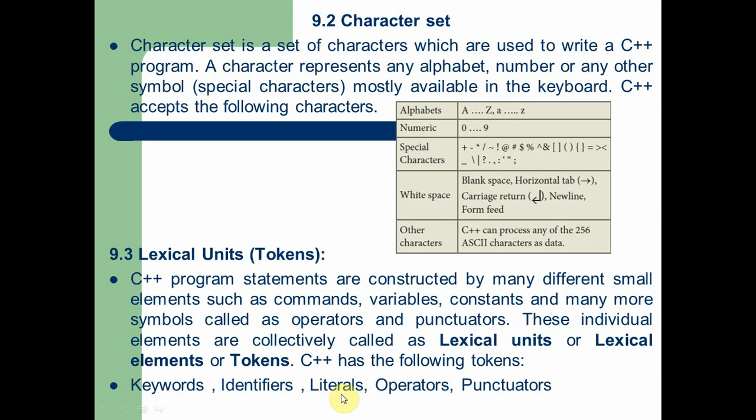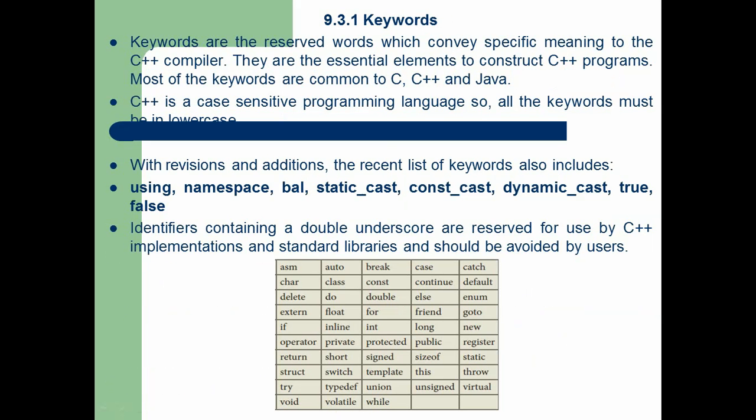So these are the basic elements used in C++ language for giving instructions. Next we are going to discuss the tokens. The first token, or lexical unit, or lexical element: keywords. What are keywords? Keywords are the reserved words which convey specific meaning to the C++ compiler. They are the essential elements to construct a C++ program. Most of the keywords are common to C, C++ and Java.